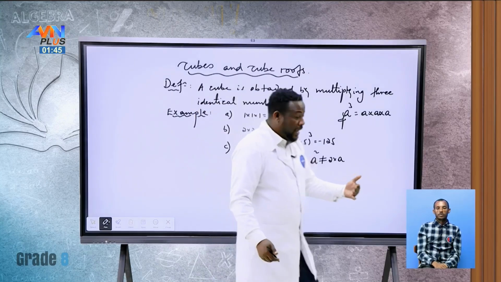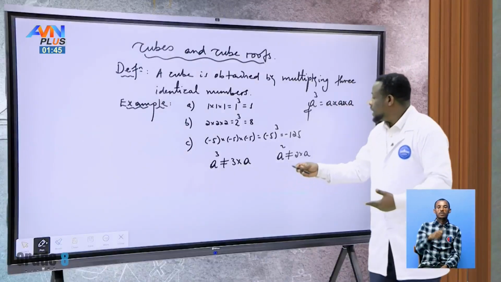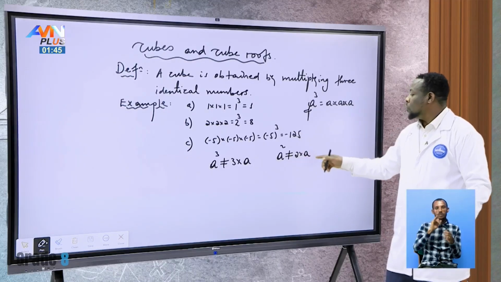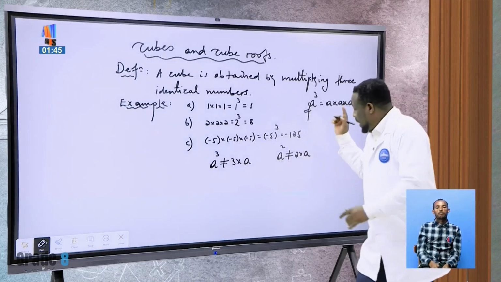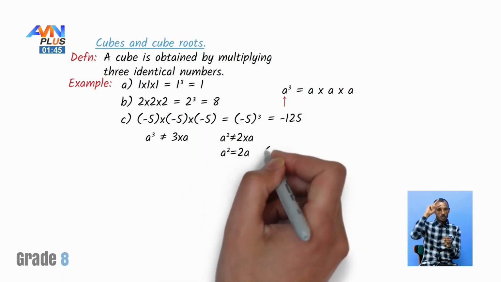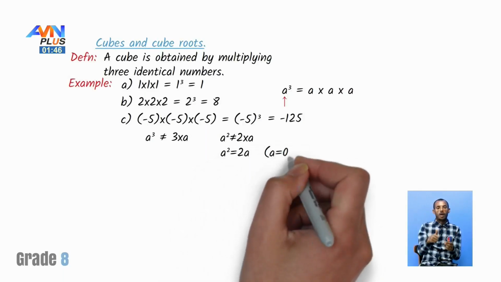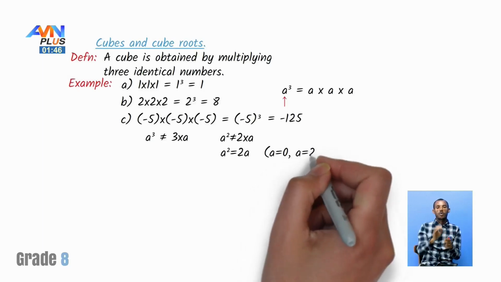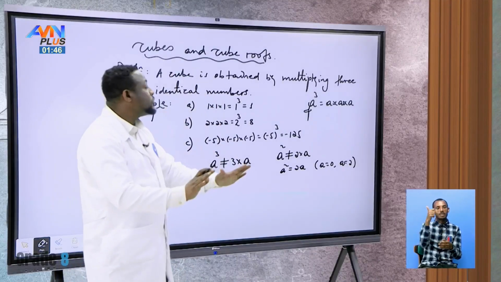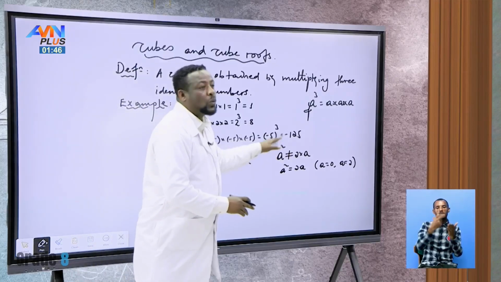A square is different from 2 times a. The equation a square equals 2 times a works only when a is 0 or 2. For other rational numbers, this does not work.